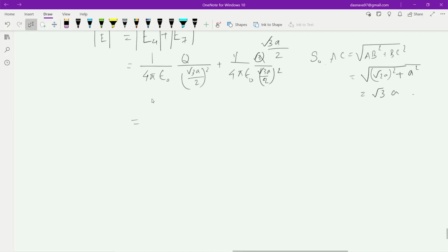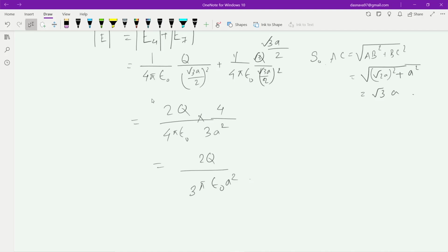So it will get double, that is 2q by 4 pi epsilon naught, root 3 a square by 4, or 2q by 3 pi epsilon naught a square, right?